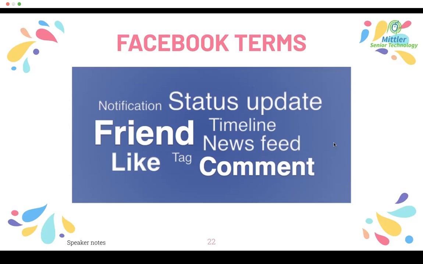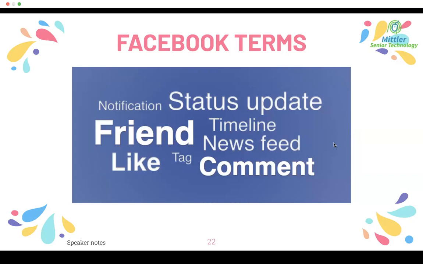And same as the Instagram feed, you have something called a news feed. News feed is very similar to the Instagram feed, and it shows you all the news that's happening around the world about people you follow, all the friends that you have. And every single time something happens, when something is put on your news feed, or a friend posts, or you get a like, or you get a tag, you get a notification.